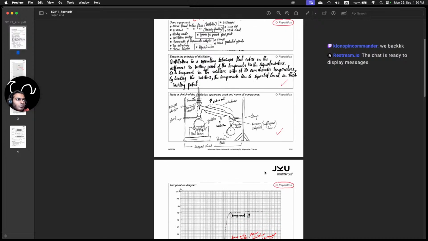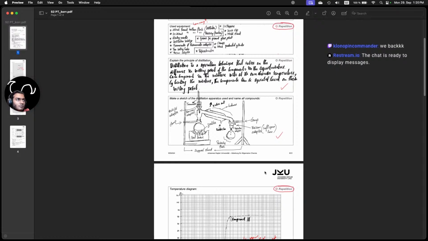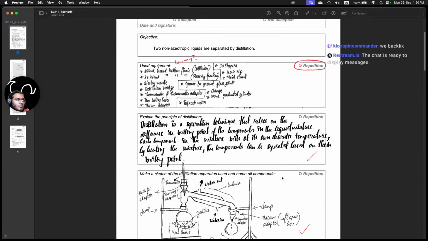Okay. 250 milliliter round bottom flask, 3 times stopper, 250 milliliter receiving flask, heating mantle, distillation bridge, thermometer adapter, 2 cooling hoses, vacuum adapter, refractometer, graduated cylinder, clamp, grease, metal stand, keck clip.